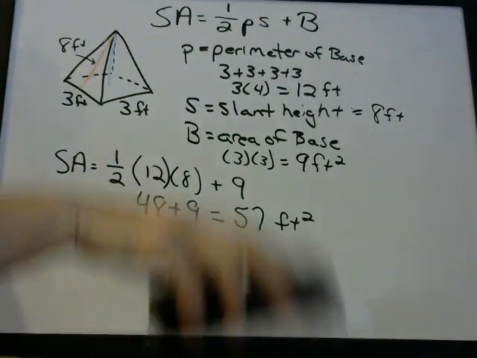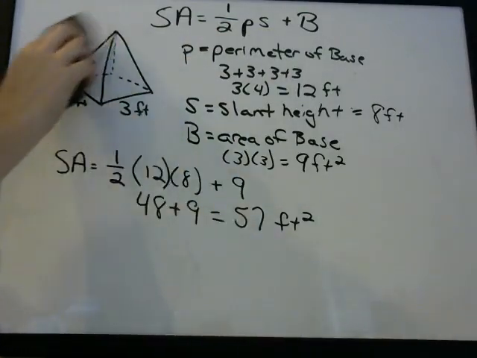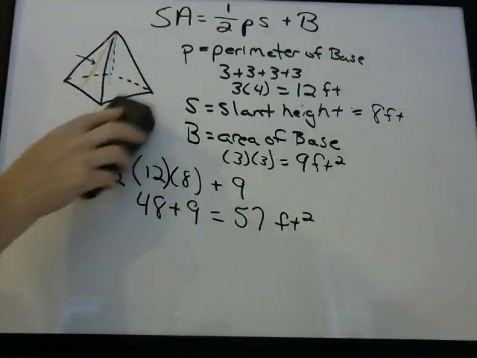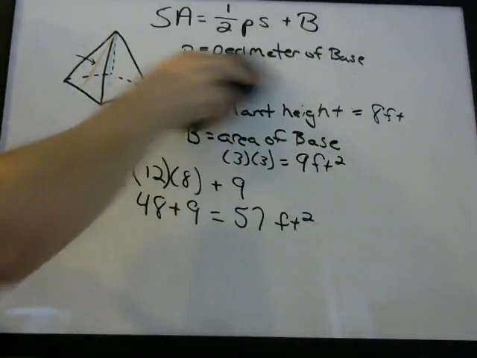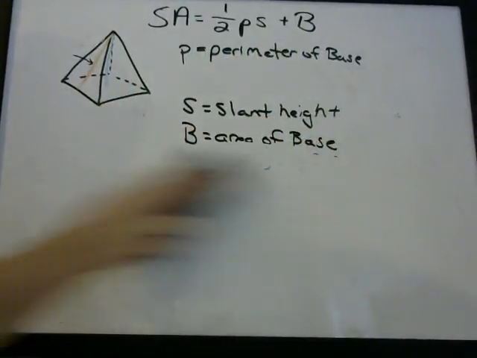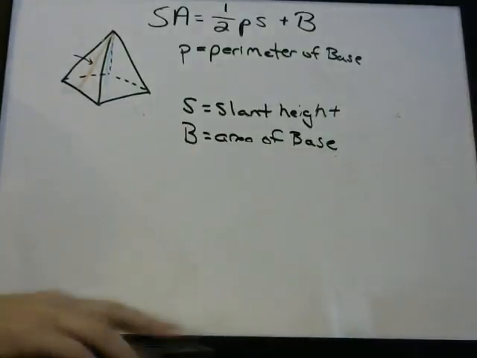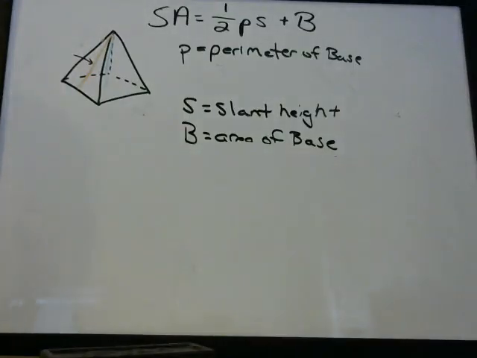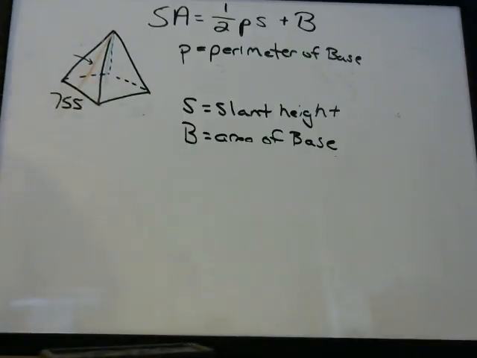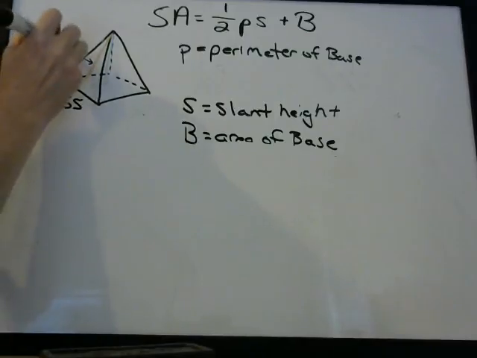We'll do one more problem that's a little bit more computationally challenging. All right, let's say we have a pyramid whose height is 480, whose length of each side is 755, and whose slant height is 610 feet.